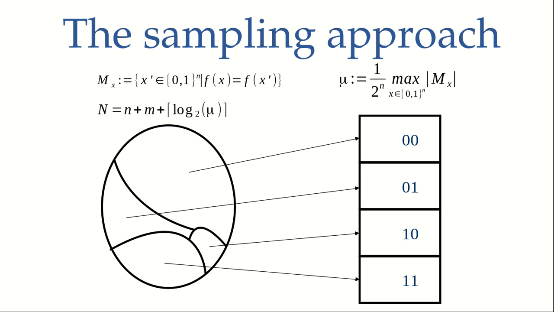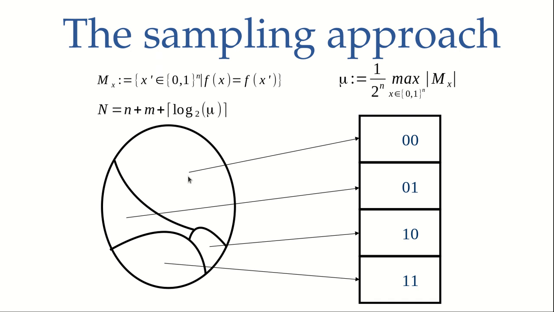So with this, starting from this observation, we can now approach the problem as follows. Here we are looking now at a function with 2 output bits, and with 2 output bits we get 4 possible output patterns, and these output patterns partition the input space into 4 subsets. And this problem is now essentially to find which is the largest of these subsets and estimating how large this subset is.